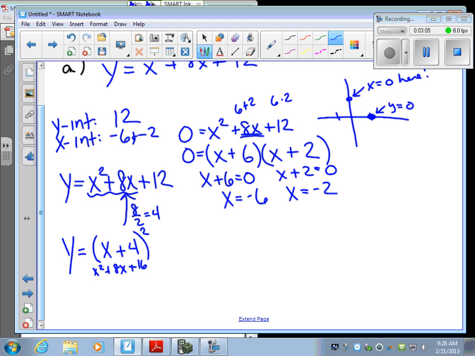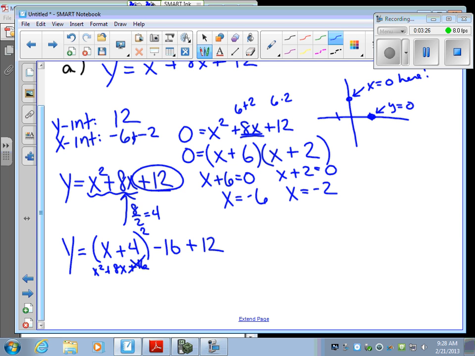But I just added a whole extra 16 to that, and I didn't want to, so I am going to subtract off the 16. So now I just have x squared plus 8x. But I also need this plus 12 at the end, so I'm going to put that on there too.